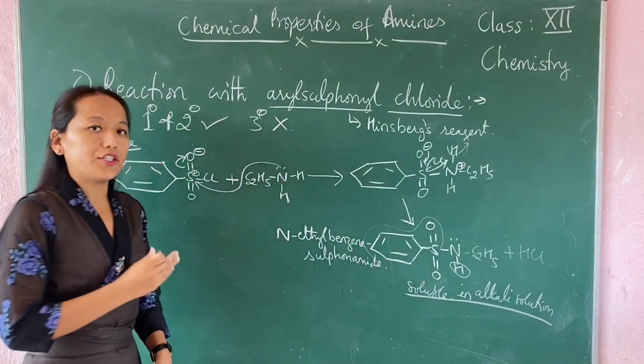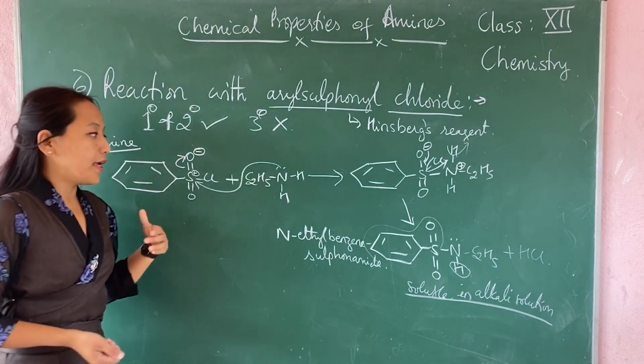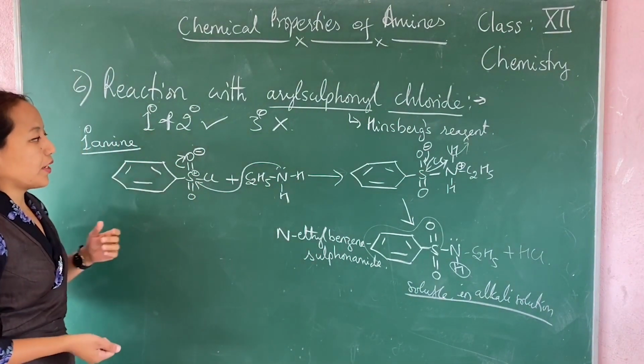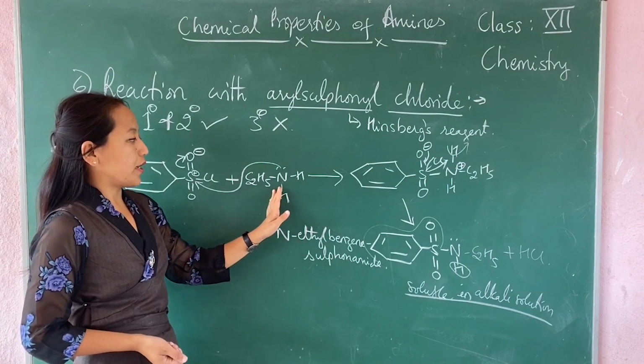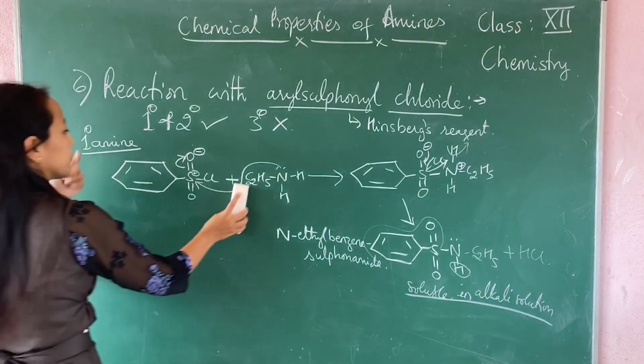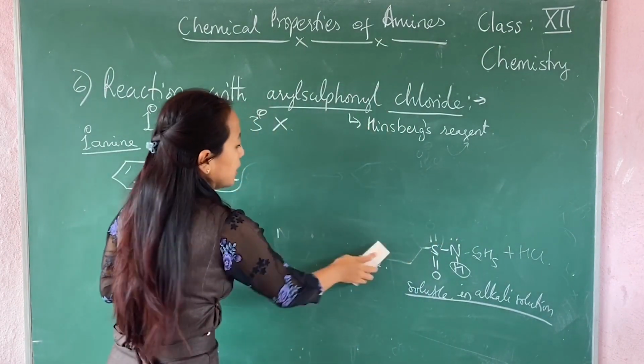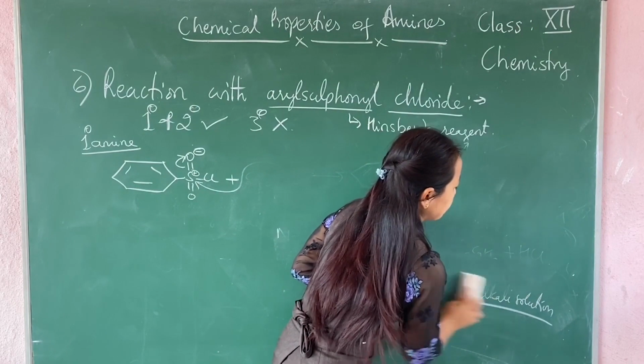That's about the reaction of primary amine with aryl sulfonyl chloride. Now let's take a secondary amine where you have a C2H5 instead of one hydrogen atom. The reaction mechanism is the same.